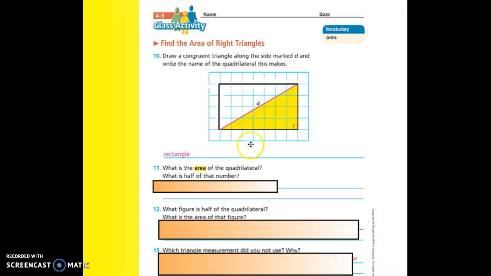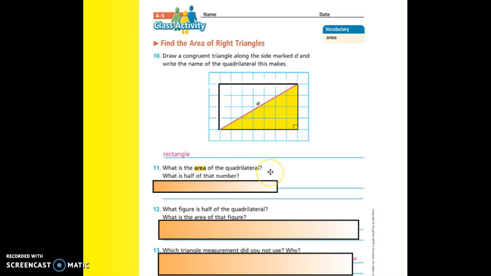Well, if you think back, to find the area, we're going to take the base times the height, and that'll give us the area of this rectangle. So my base is 1, 2, 3, 4, 5, 6, 7 units long times 1, 2, 3, 4 units long. So 7 times 4 is 28 square units.